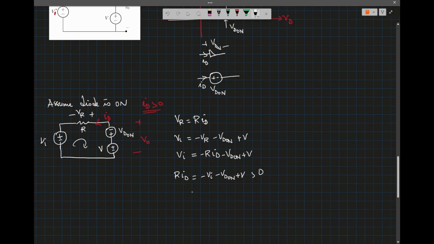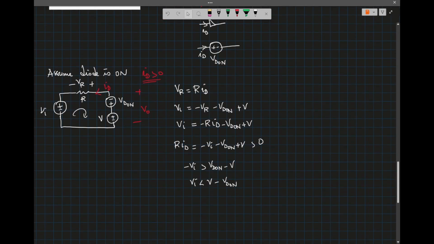So that meant, in that case, what do we have? We have minus VI must be bigger than VD on minus V. So VI is less than V minus VD on.